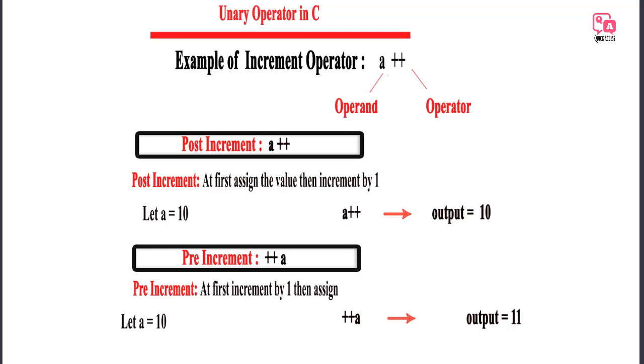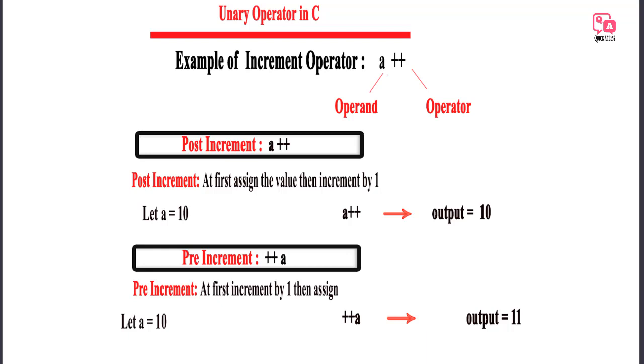So here I'm talking about the unary operator. In unary operator, there are two classifications. One is the increment operator, that is plus plus, and another is the decrement operator. In increment operator, there are two sections: one is post increment, another is pre-increment. So what is the meaning of pre-increment and post increment?